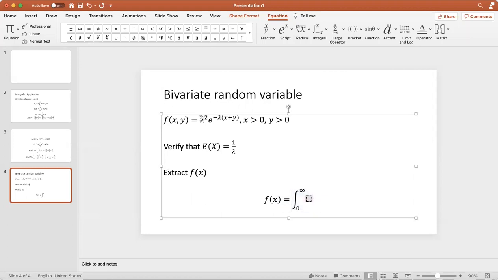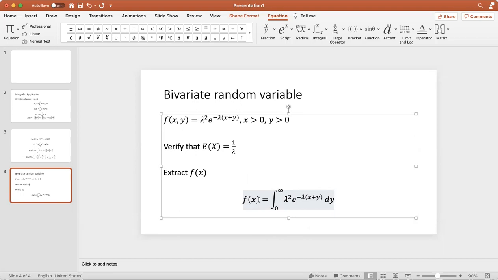So you're integrating the joint density function over y to get x. Similarly, if you want the density function of y, you integrate the joint density function with respect to x.